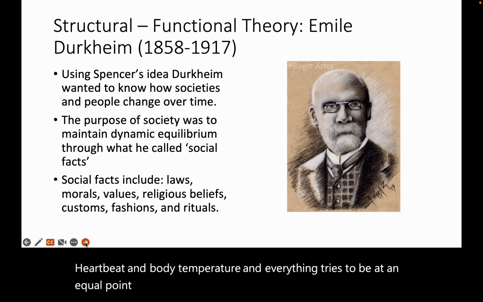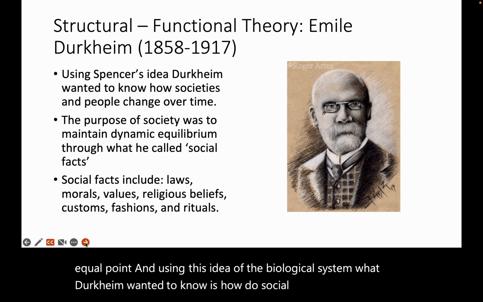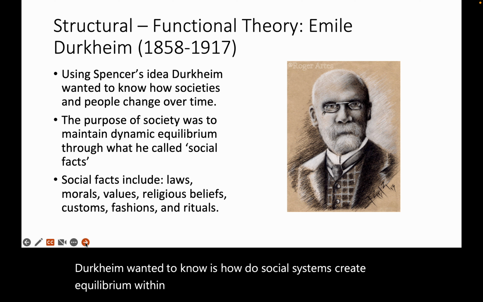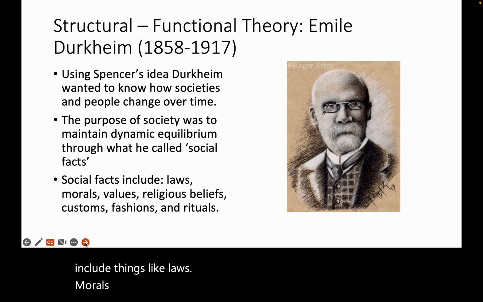And using this idea of the biological system, what Durkheim wanted to know is, how do social systems create equilibrium within a social system? And he says it does this by developing what are called social facts. And social facts for him include things like laws, morals, values, religious beliefs, customs, fashions, and rituals.